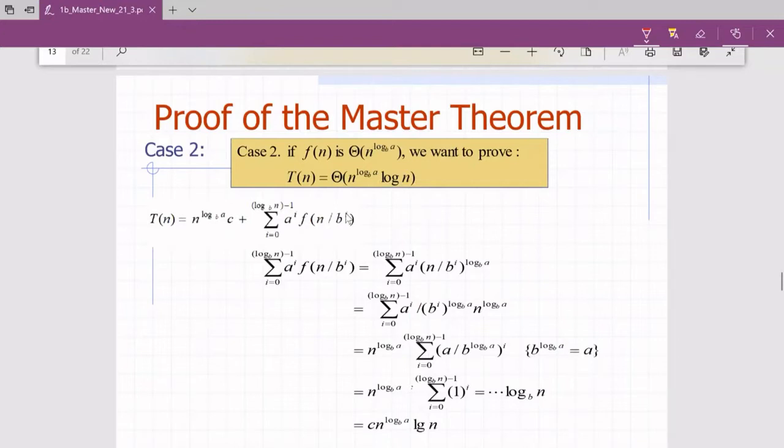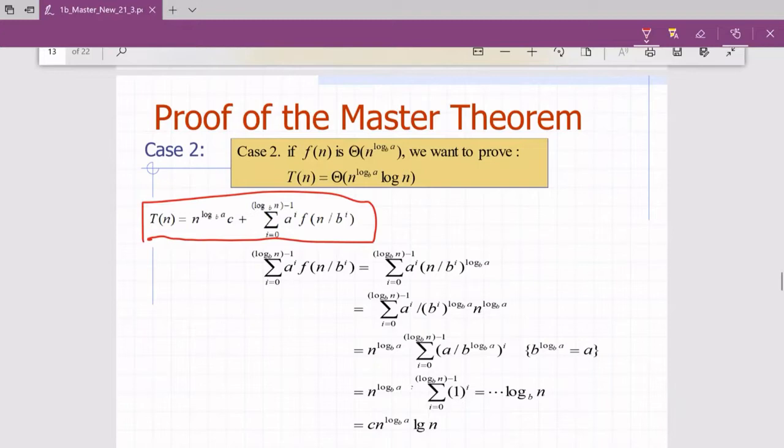Okay. We use the same equation we derived before in case 1. T(n) equals n^(log_b a) times C plus the summation from 0 to log_b n minus 1 of a to the power of i f(n over b^i).